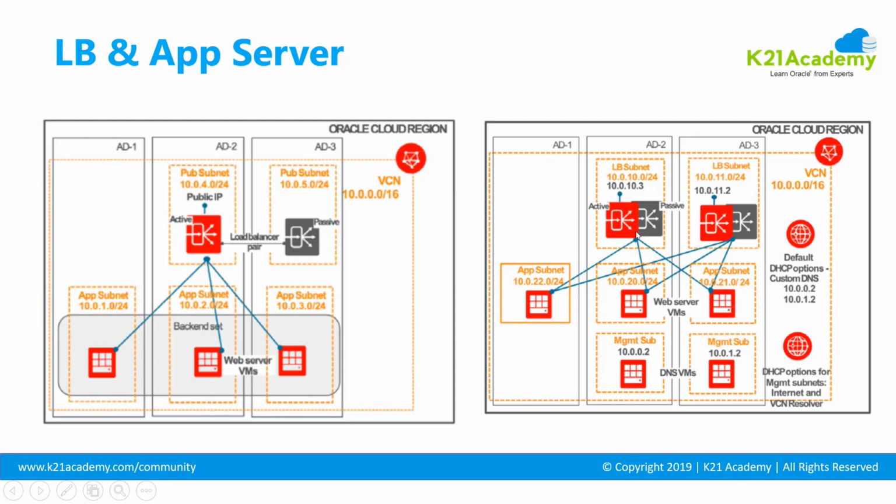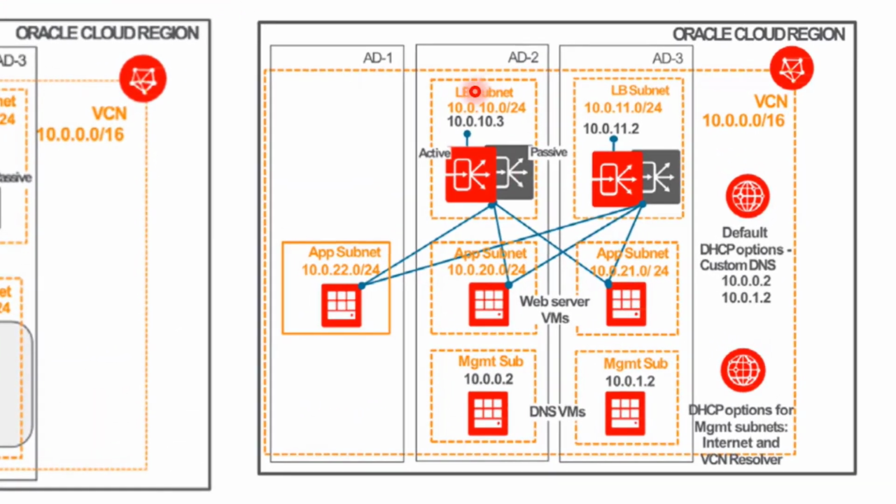So what you're going to do, as represented here, is set up your private load balancer in one of the availability domains, and Oracle will take care of failover automatically within this availability domain. Now you also have to create an exactly similar private load balancer in one additional availability domain with all the setup, and then Oracle will take care of high availability of that load balancer.